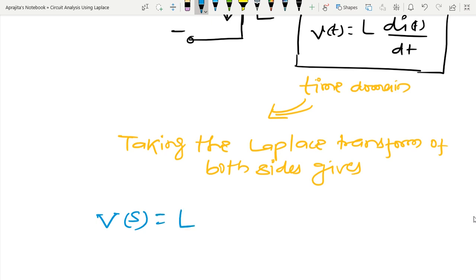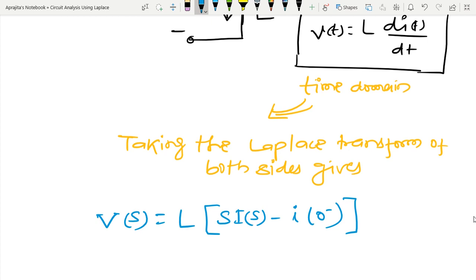L is some constant, and here I have Laplace transform of differentiation. So if you remember the properties, then you can apply that: s and Laplace transform of i, so that is I(s), and after that you have to put the initial condition. So you have to substitute the initial condition at 0 minus, and by continuity I can also write I(0 minus) equal to I0.